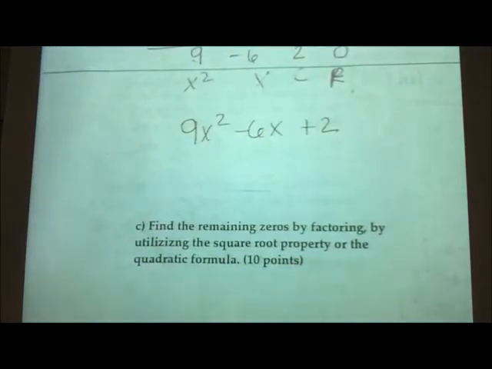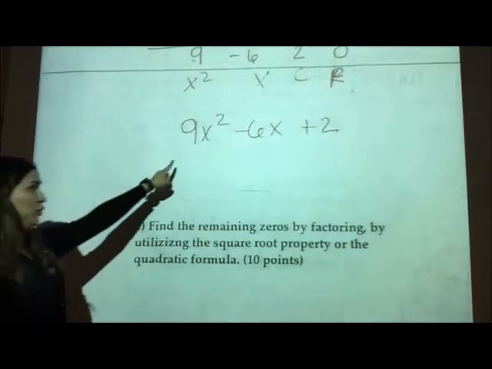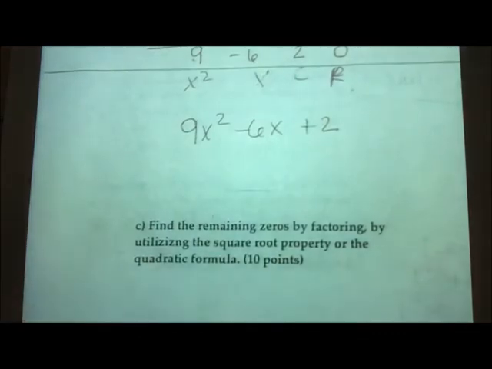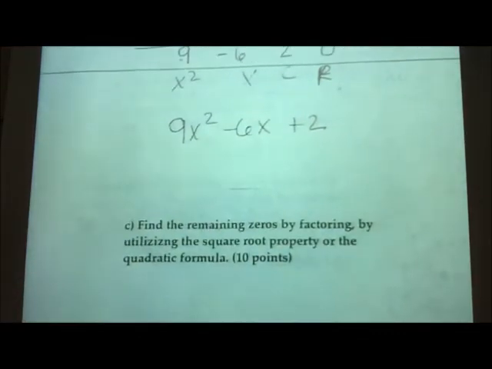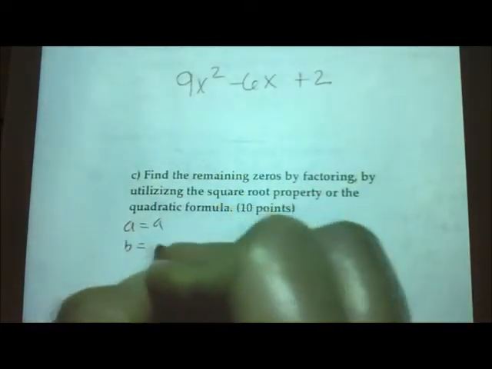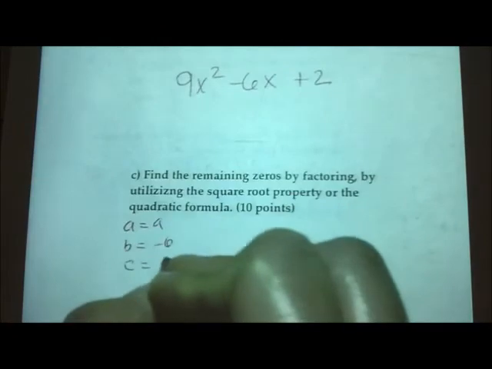Now, in order to use the quadratic formula, you need to know your A, your B, and your C. And there it is. Everything gets in my way, I tell you. Alright, so my A is 9, my B is -6, and my C is 2.